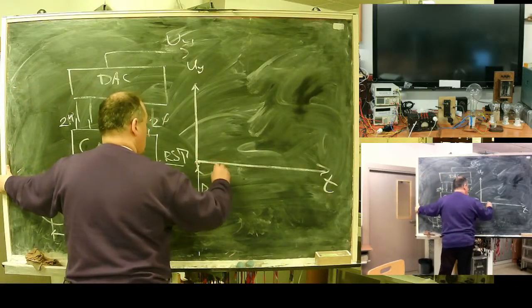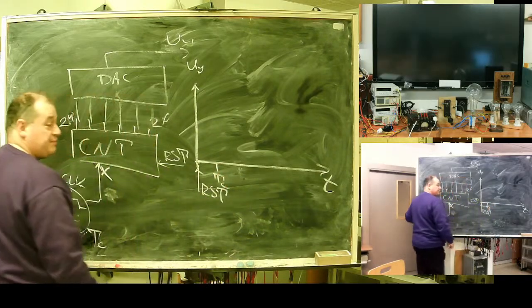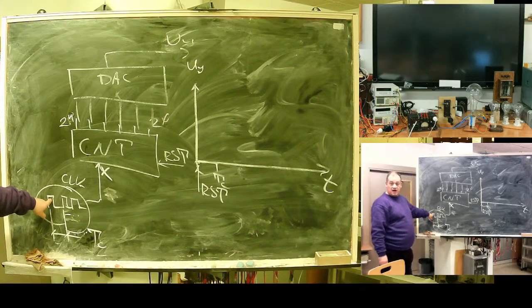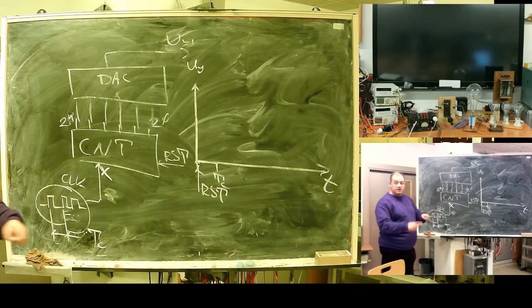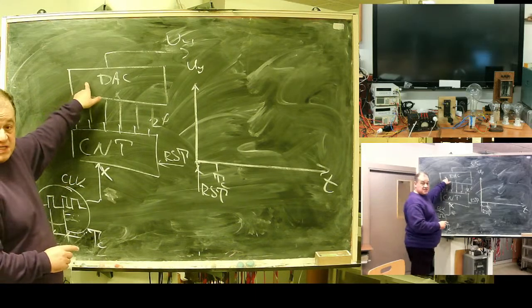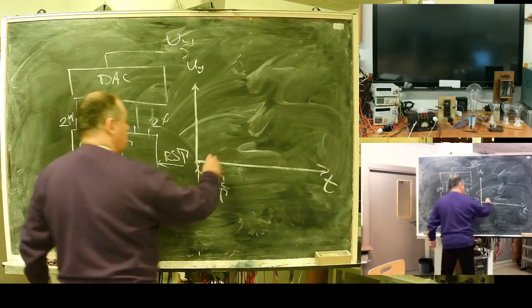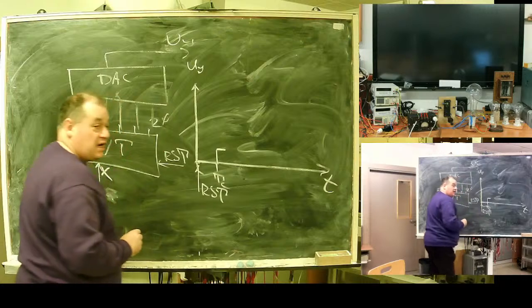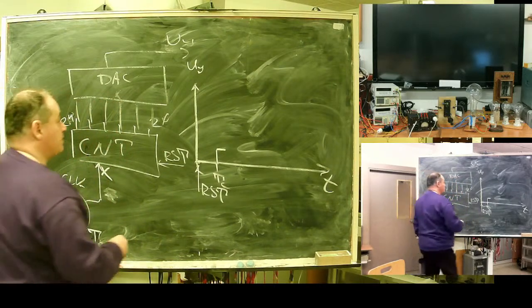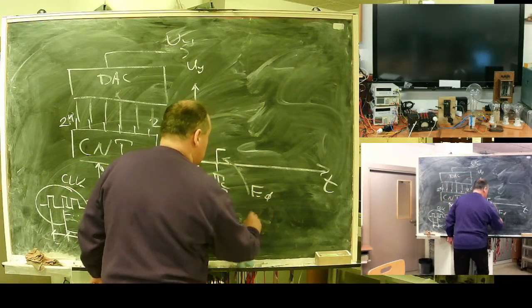After 1 clock, let's say, what will happen? 1 pulse will arrive at the counter. The counter will increment itself by 1, yes? And what will happen with the DAC? It will increment voltage by which step? It will be E0 divided by 2 to the n.